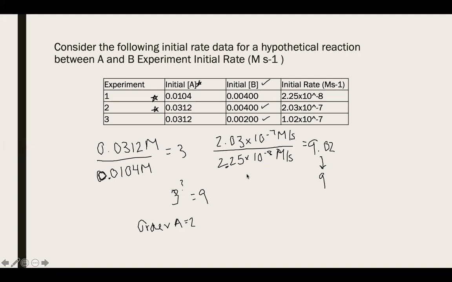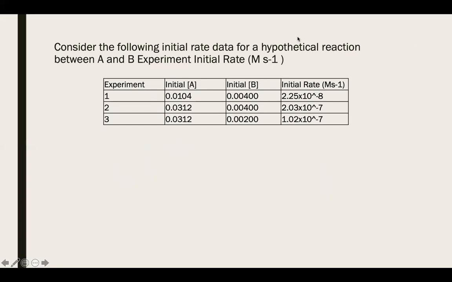And we can do the same thing for B. So I'm just going to clear all drawings. The order of A equals 2, and we can do the same thing for B now. Again, we want to use the reactions in which A is held constant but B is changed, so we're going to use the bottom 2.